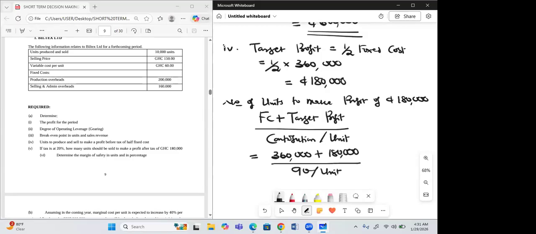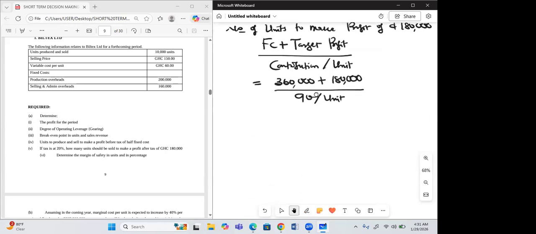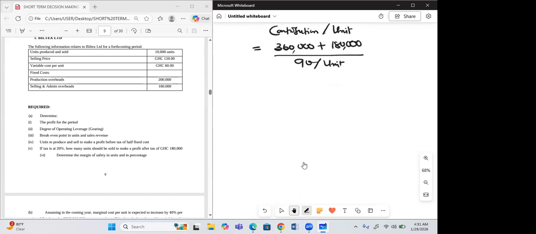With your calculator, 540,000 divided by 90 is 6,000 units.